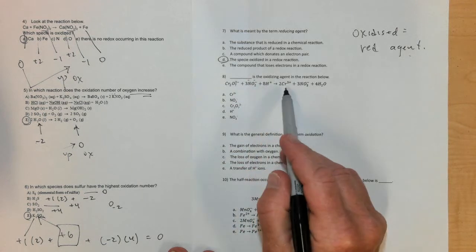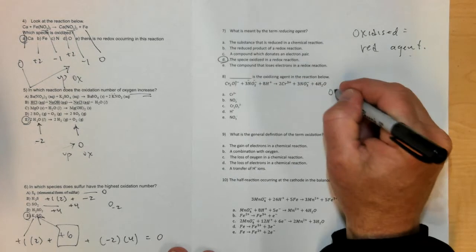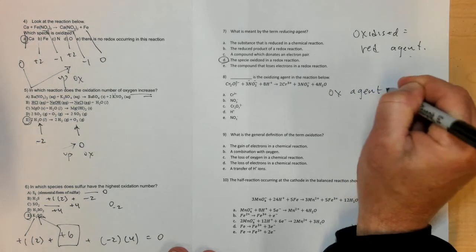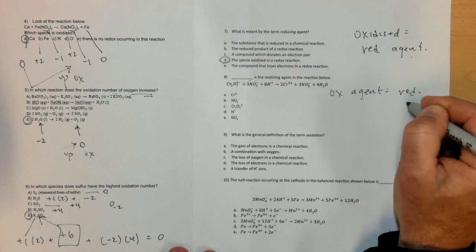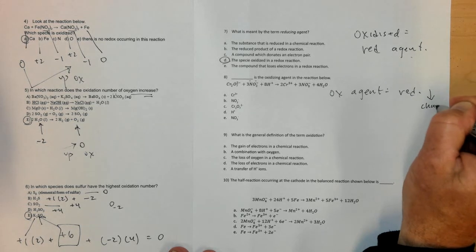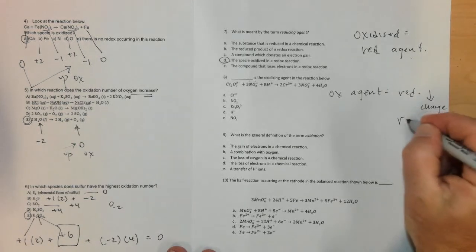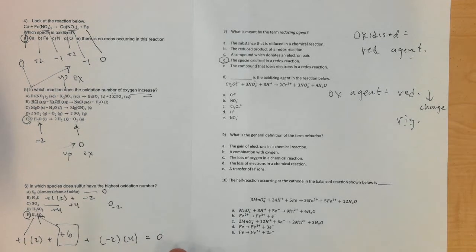Number 8, blank is the oxidizing agent. So if it's oxidizing agent, that means it is the thing that is reduced. And the reduced thing is the one that went down in charge, or went lower in charge. Reduction is the gain of electrons, if you want to think of it that way.